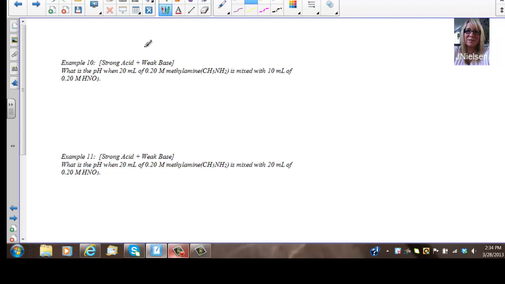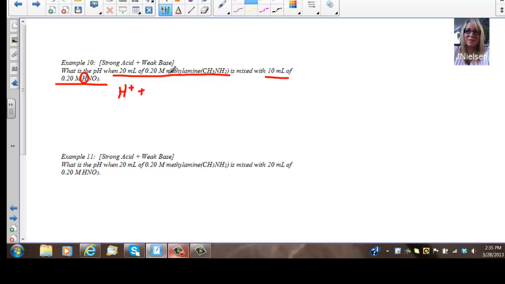Strong acid, weak base. We've got 20 mils of 0.2 molar methylamine mixed with 10 mils of HNO3. So we're interested in the H from the HNO3 mixing with the methylamine.